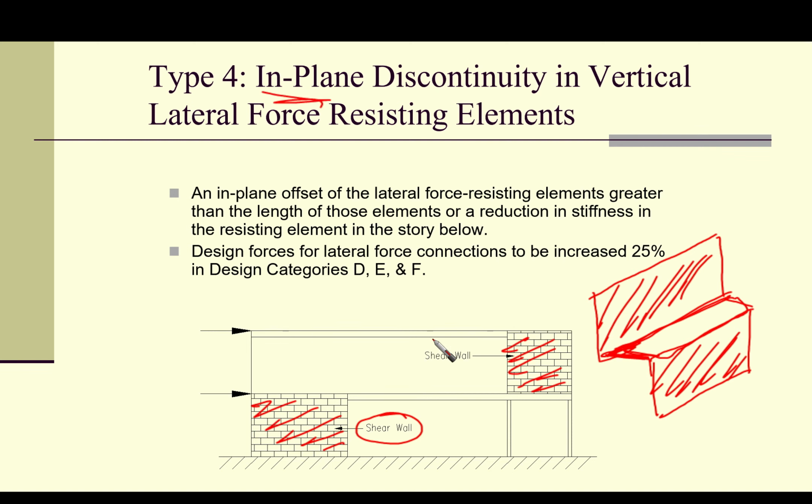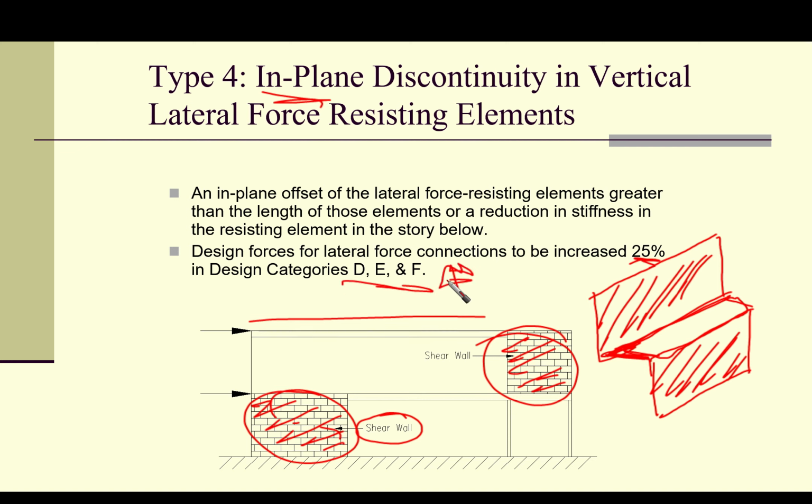This is in the same plane, okay, but it is shifted. The shear wall is shifted from here to here. Design forces for lateral force connections are to be increased as well, as we said, 25% in design category D, E, and F. We're going to check this in the remedial measures at the summary.